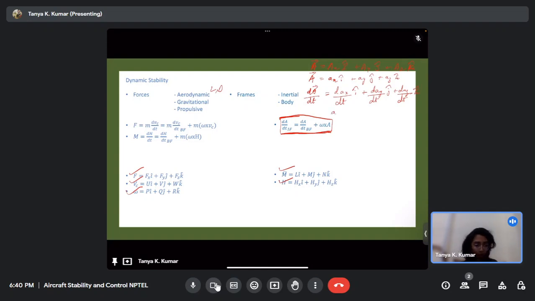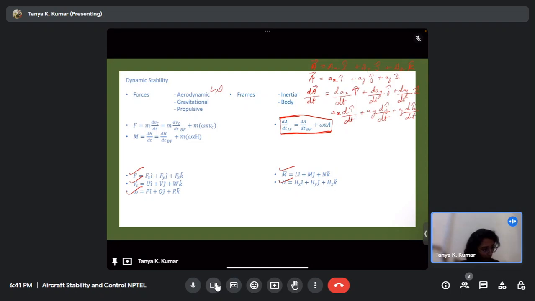Then, using the chain rule, Ax dI cap by dt plus Ay dJ cap by dt plus Az dK cap by dt.